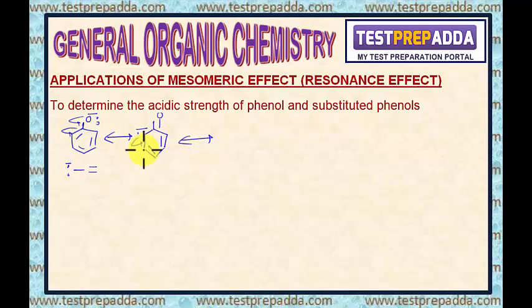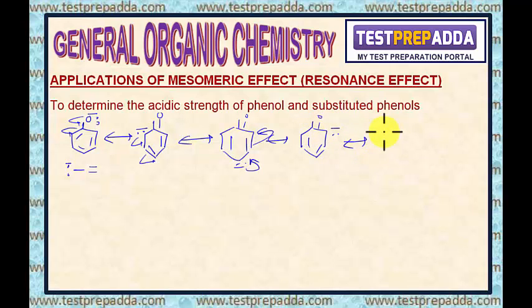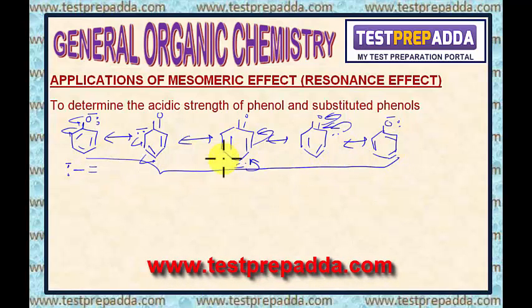Then next will be like this. Next it will be like this. And next will be this way. So there are 5 resonating structures of phenoxide ion.